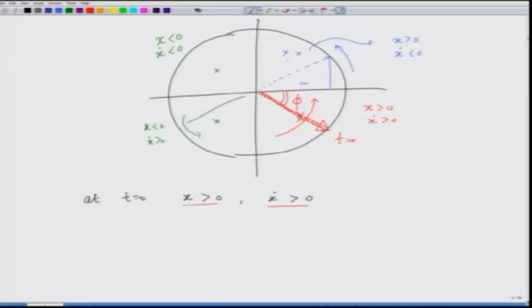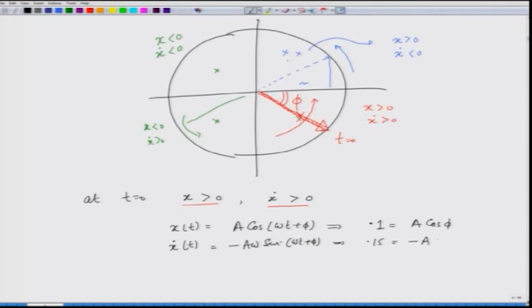Let us now do this mathematically. So, you are given x(t) equals A cosine of omega t plus phi, which gives me that 0.1 is equal to A cosine of phi. x dot(t), which is equal to minus A omega sine of omega t plus phi, implies 0.15 is equal to minus A omega sine of phi.